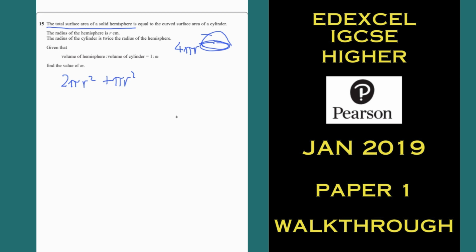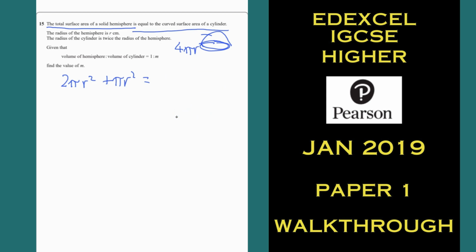And that's our hemisphere, is equal to the curved surface area of a cylinder. The curved surface area of a cylinder is rectangular. All right, and be careful, because all you need to do for this is multiply the height by this distance there, and that distance there is the circumference of the circular top.